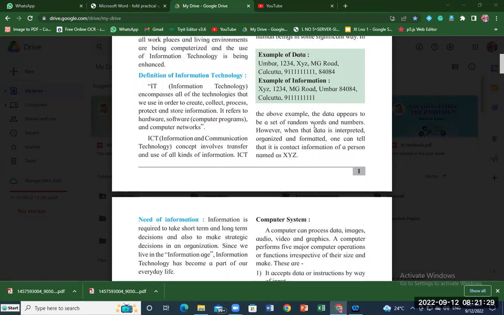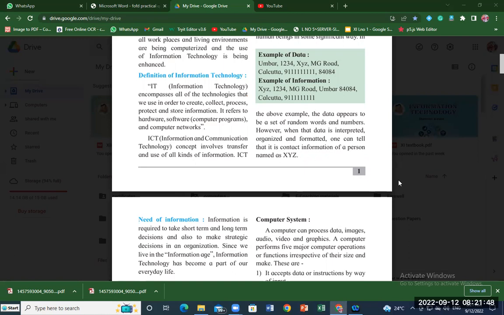In the above example, the data appears to be a set of random words and numbers. However, when that data is interpreted, organized and formatted, one can tell that it is contact information of a person named XYZ, correct?